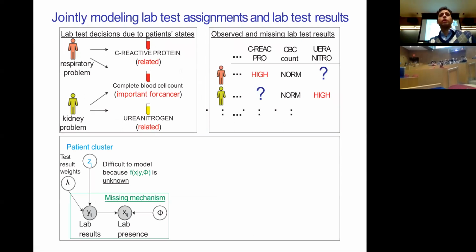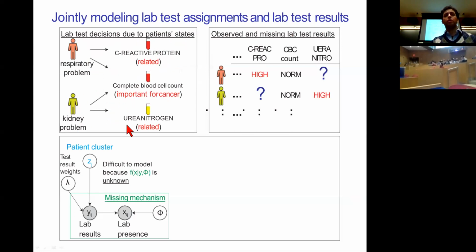Okay. So then I can jointly model both the lab test assignment, whether it was prescribed a particular lab test, regardless of its value, and what the actual result of that lab test was. So for example, if I belong in a set of patients with respiratory problems, I'm much more likely to be asked to have a complete blood cell count. And that complete blood cell count is much more likely to be abnormal, and same for C-reactive protein.